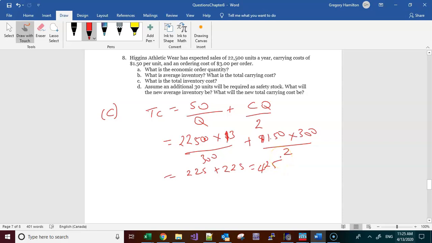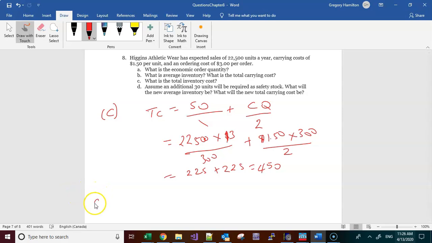So that's our total cost of 450, not 425, but 450. So let's change that and put the correct amount of 450. All right, so that's C.